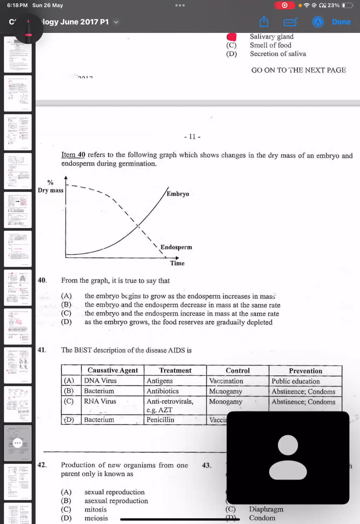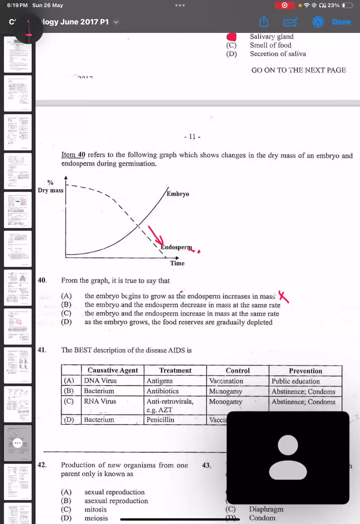From the graph, you know that the endosperm is the food reserve inside of the plant. So A says as the embryo begins to grow, the endosperm increases in mass. We see the endosperm going down, so A cannot be correct because it's a decrease in mass.